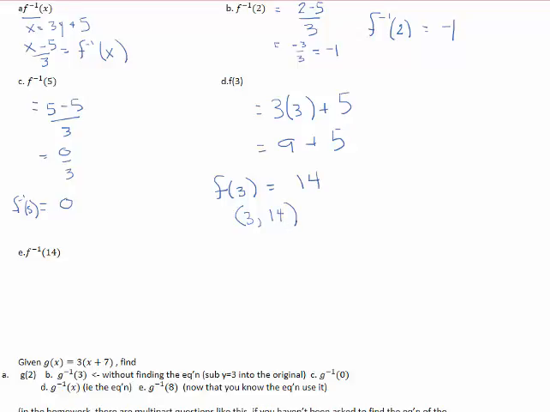So if I was to find the inverse of that, I would switch places, right? So the inverse would be 14 and 3. So look what it's asking here. It's asking when x is 14 on the inverse equation, what is y? So without having to do any work there, I can tell that my answer is 3. It's helpful to find these tricks to save some time on your test.